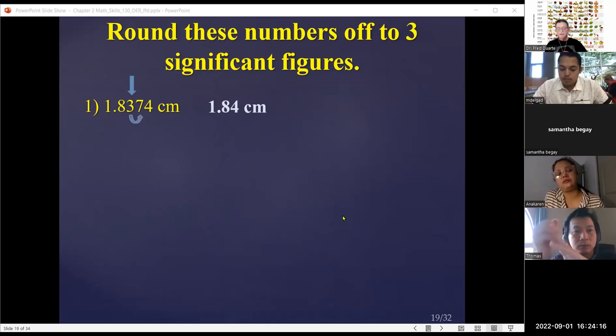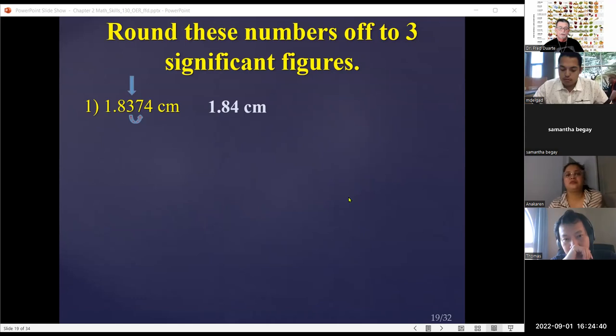Yes, I understand 1.8374 seems more accurate because you have more digits and more decimal places, but it's incorrect, because whatever you did to measure to get that number only had 3 sig figs at the most.